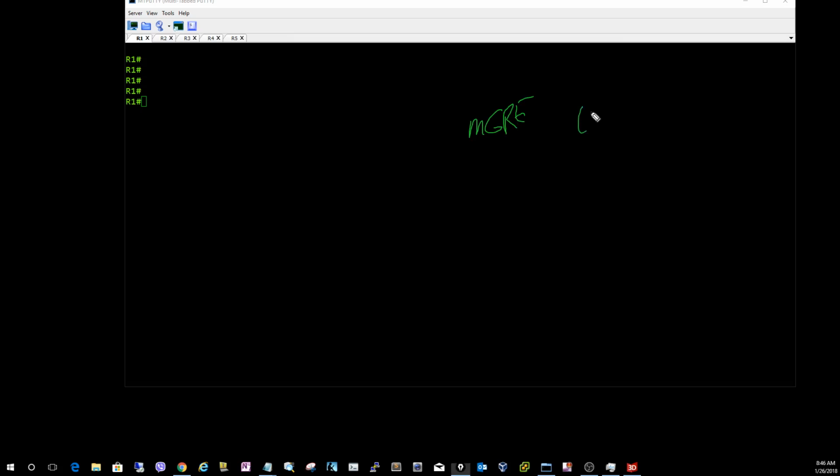Okay, so this is basically the tunnel itself. Then you have your NHRP. This is the one that will be doing your mapping between your overlay and your underlay. Underlay would be your internet.